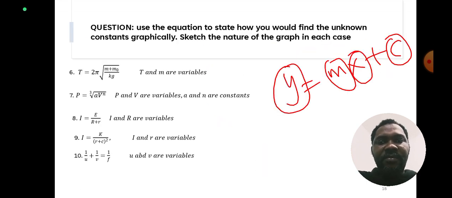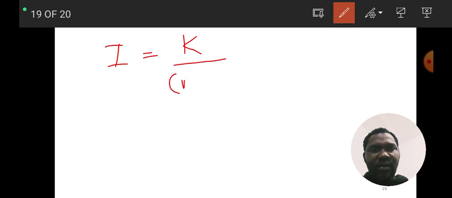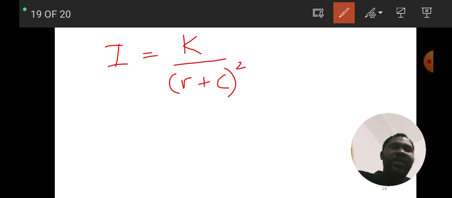Okay, let's see the next one, I equal to k over r plus c squared, and I and small r are variables. So let's see that. This is not looking like a straight line equation at all.